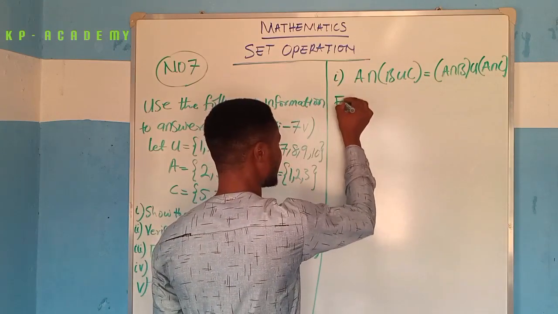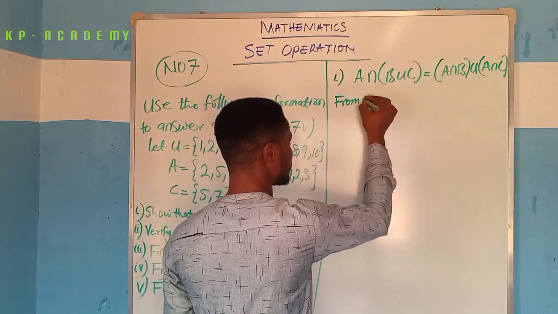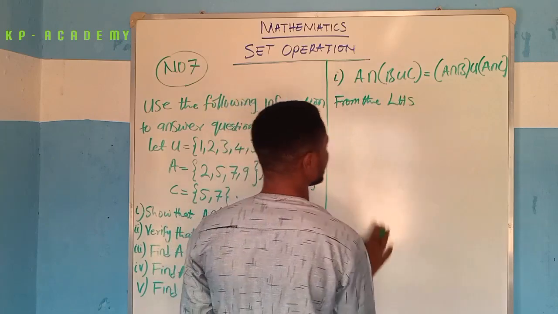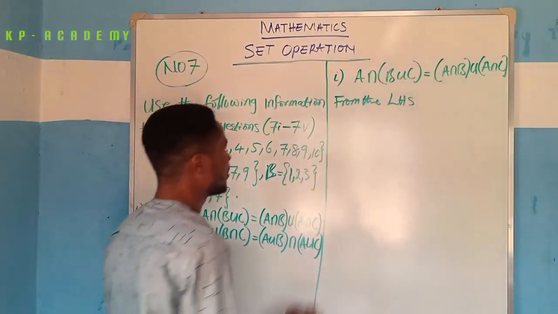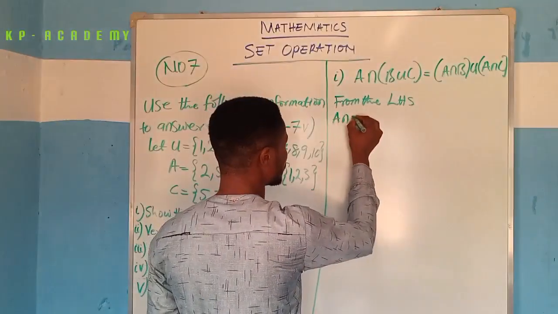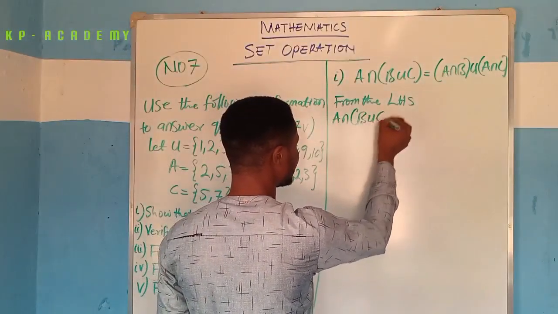So let us start the proving now, from the left hand side. We have A intersection into B union C.